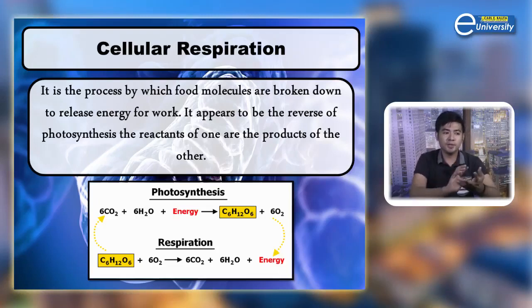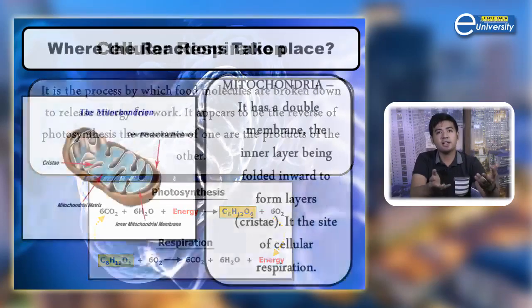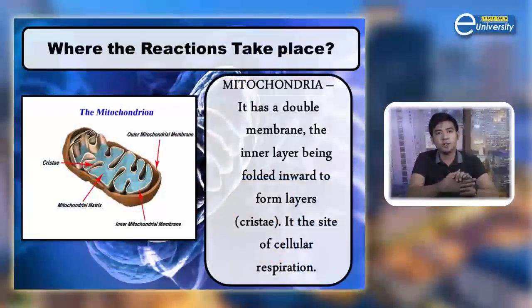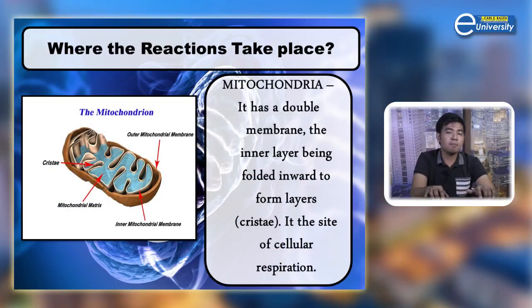So, if photosynthesis occurs in the chloroplast, where does cellular respiration take place? So, cellular respiration takes place in the mitochondria. That's why the mitochondria gained its title as the powerhouse of the cell. It is because the term powerhouse means it provides energy for the cell.